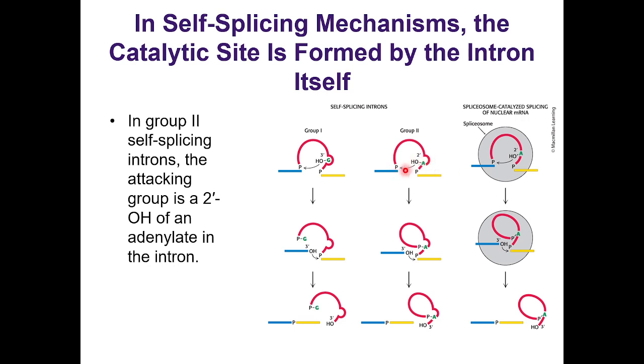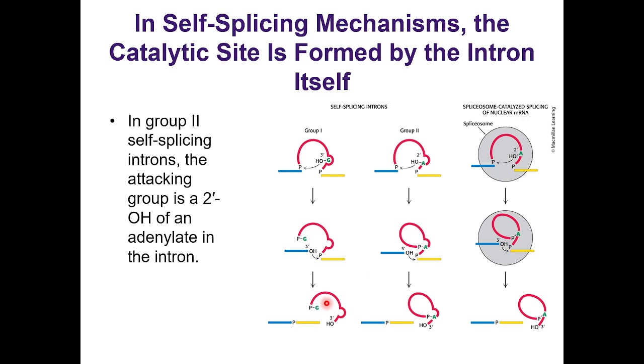Now, you'll notice that group 2 looks a lot more like the spliceosome, right? Which also has a 2' A that attacks. Okay? So the next step, group 1 here, then has that 3' attacks that 5' end of the exon. Again, that's the exact same for group 2. And then we look at the spliceosome, and it's the same, isn't it? Yeah, they all look the same.